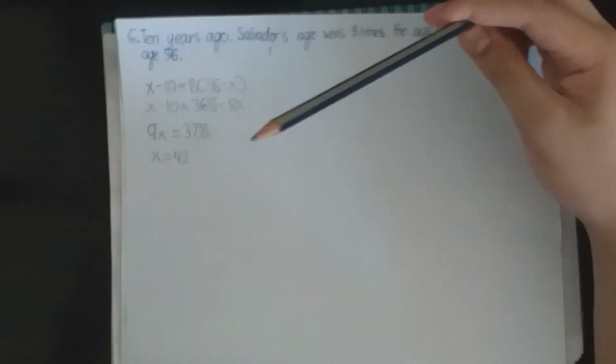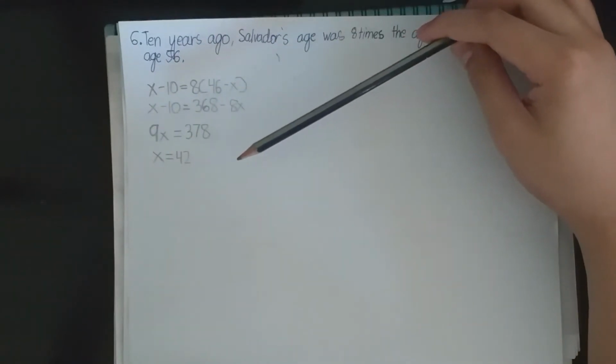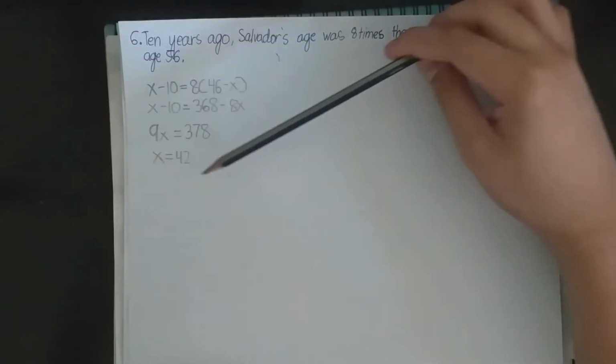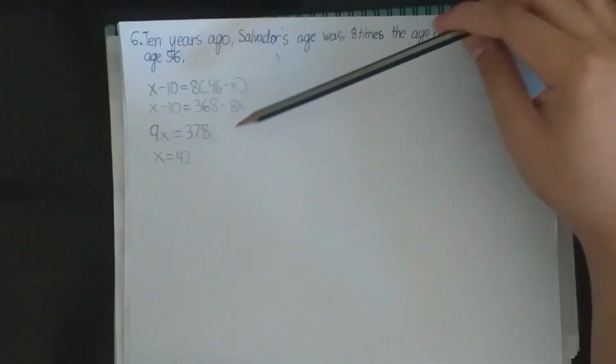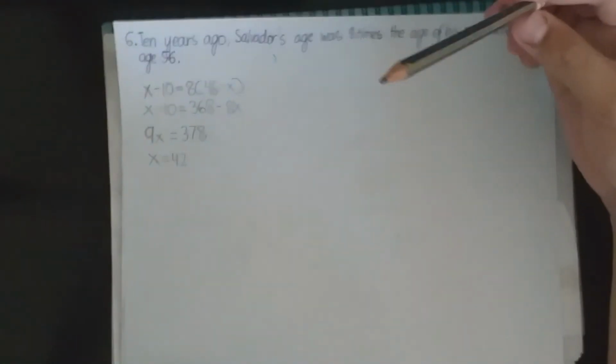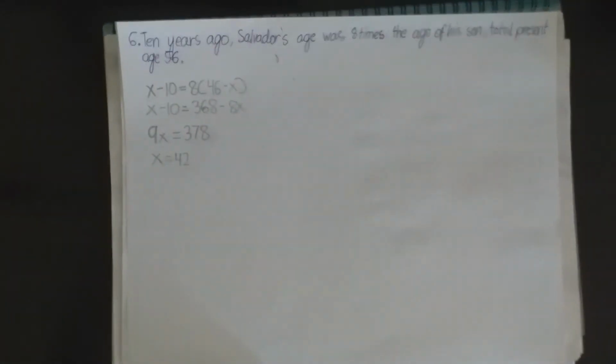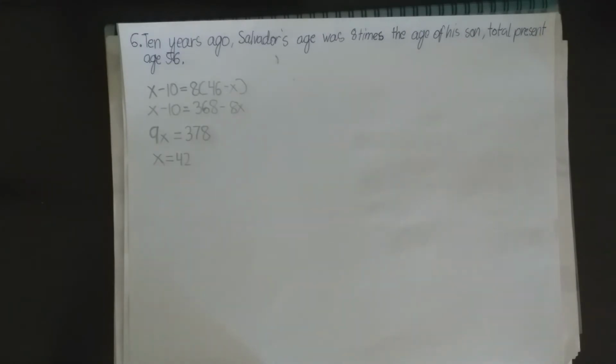which concludes that we will be putting 8x to the other side, which would be 9x, and 9x equals 378.